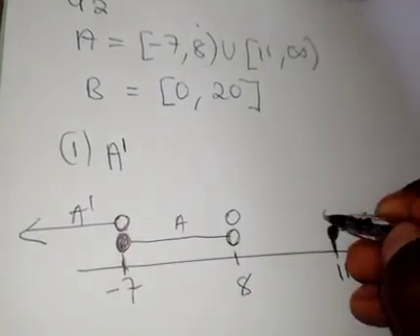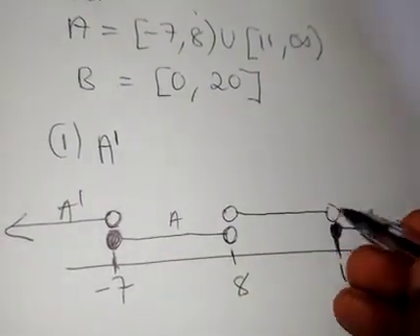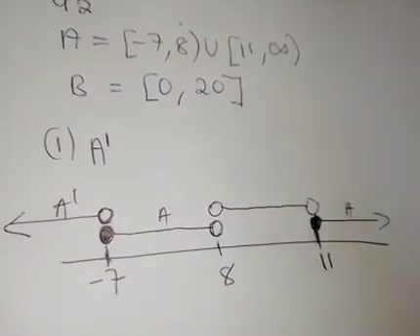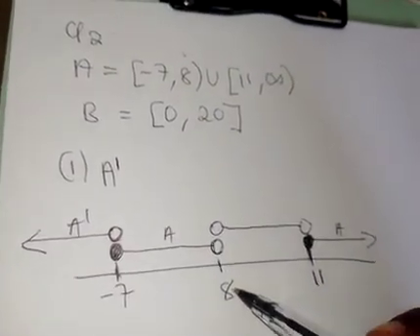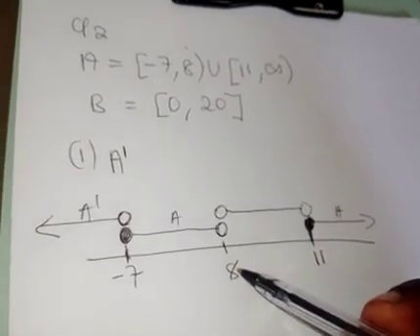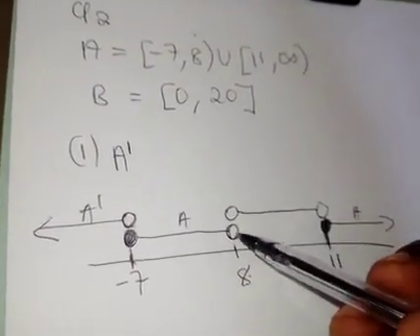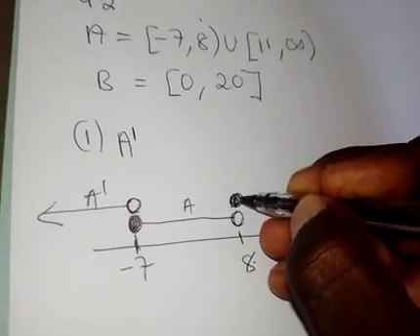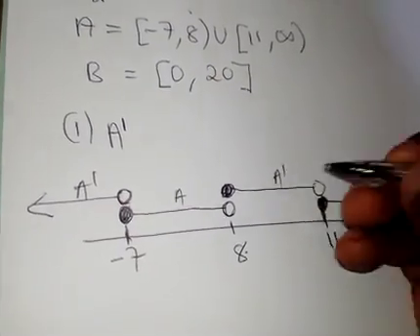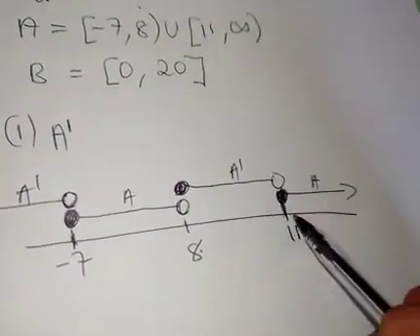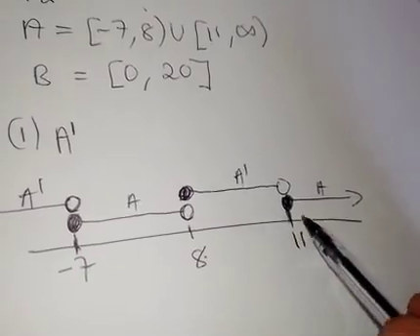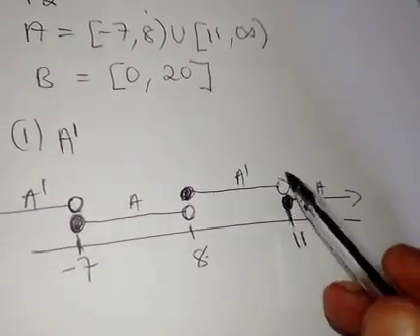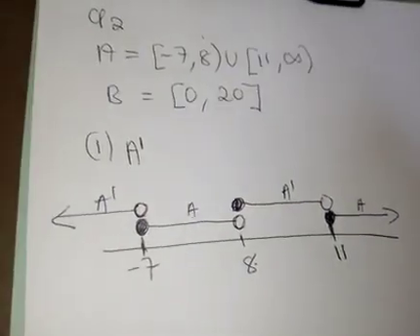Between 8 and 11, that is A complement, like that. Now as you can see, 8 is not part of A, meaning it's in A complement. So since this is not shaded, we shade the one for A complement. So this is A complement. Then 11 is already in A. So for A complement, you leave it open.